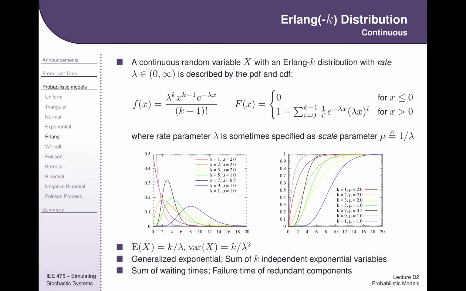It's very exponential-like. It's used in queuing systems, and there are tons of times you've modeled a service time or an inter-arrival time. If you know that your inter-arrival times are described by an exponential, and you want to know how long until your 10th customer gets here, well, that's an Erlang 10 distribution.